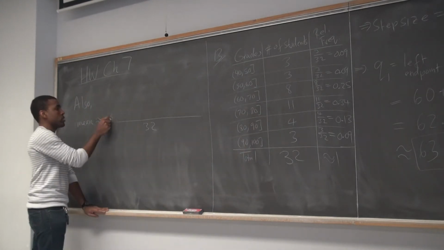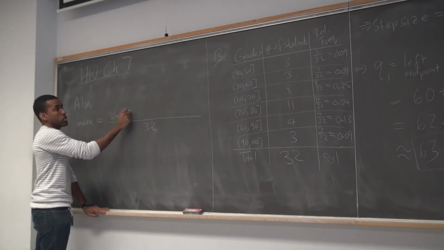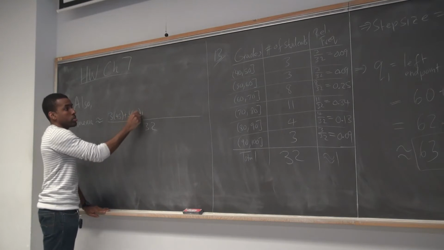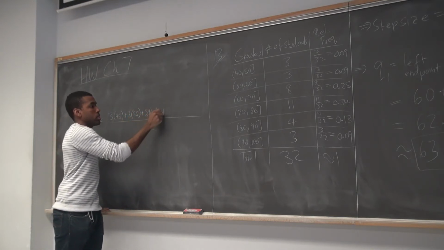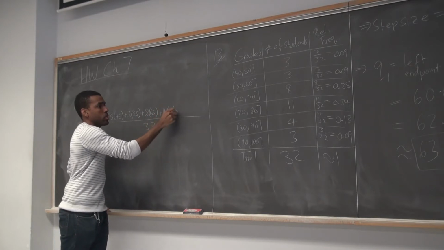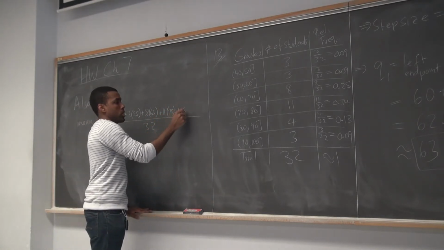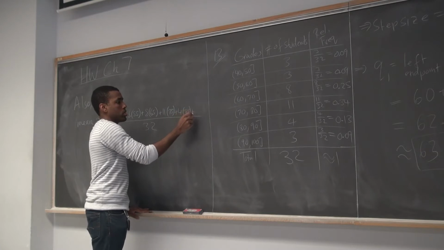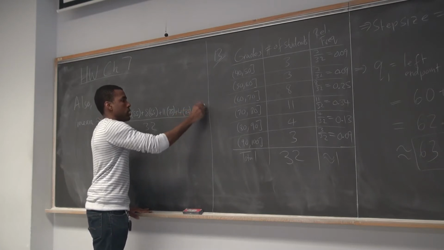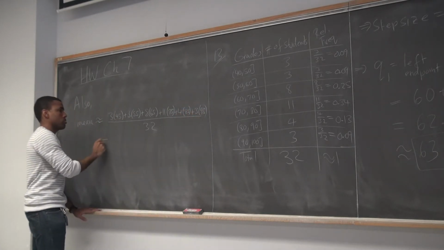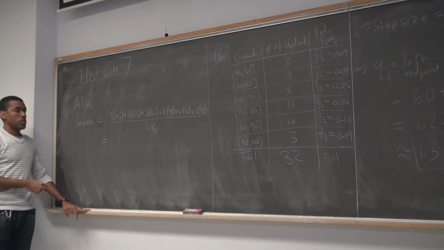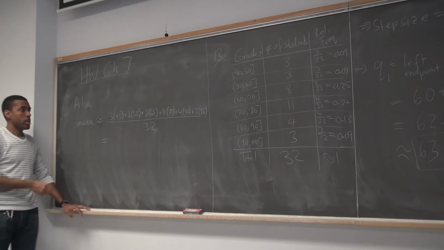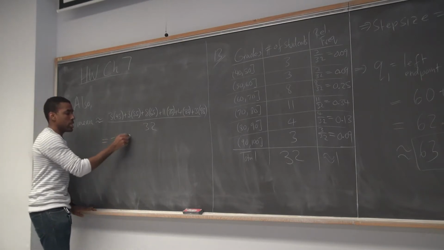So we have 3 times 45 plus 3 times 55 plus 8 times 65 plus 11 times 75 plus 4 times 85 plus 3 times 95. And you compute that number: 70.9.